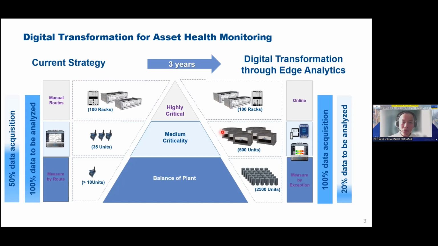But for those less critical machines, your essential assets and so on, instead of 100% using route data collection, manual data collection, you can implement something that can automatically collect data for you. And this automatic data collection will flag out alarms for you. And that is when you go out to the field with your portable analyzer and you do your investigation.